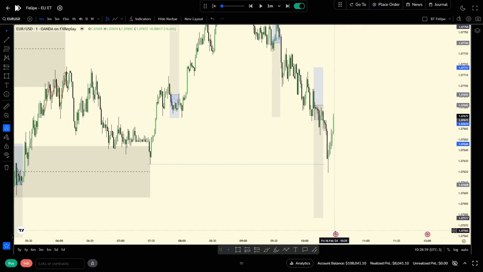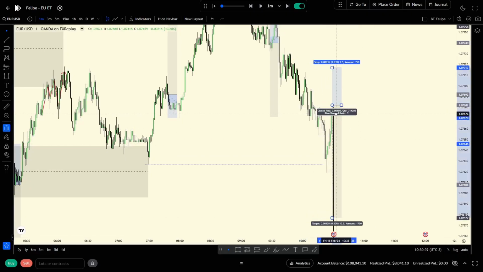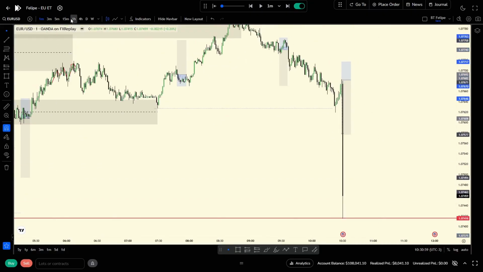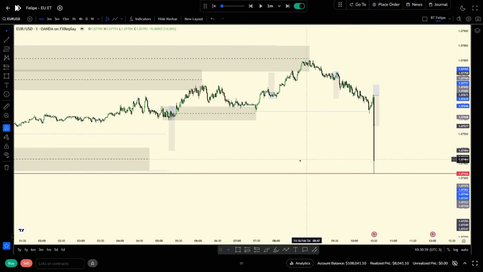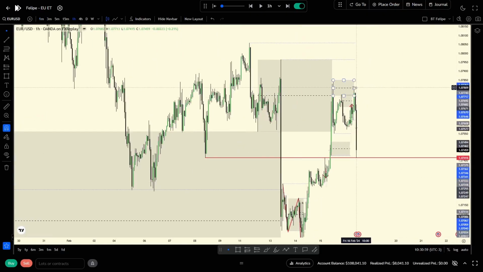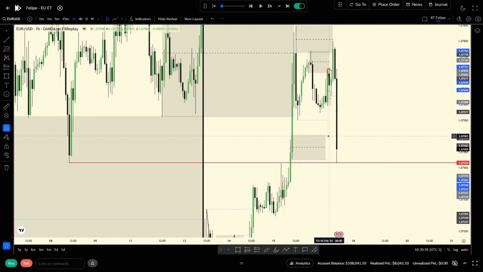Okay, now I don't wanna see. Oh damn. Okay. Price ended up stopping here. Ignore this, count this liquidity.